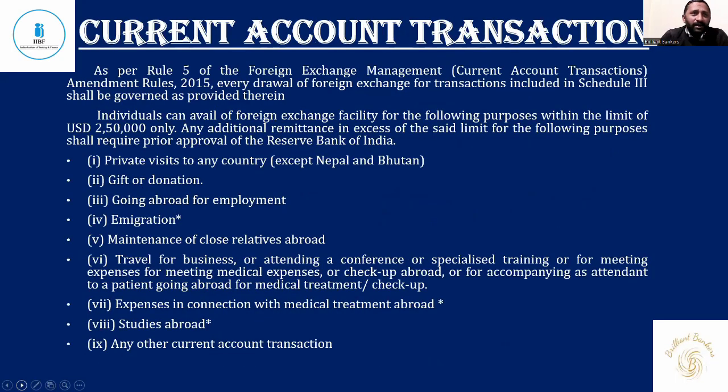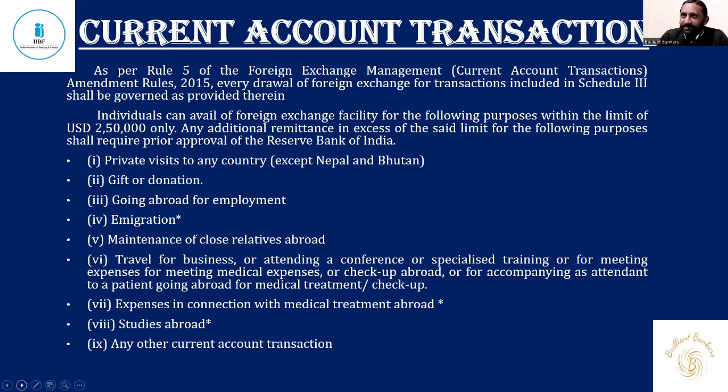Now coming to current account transactions, which I had briefly started off. As per Rule 5 of the Foreign Exchange Management Act, there was a small amendment in current account transaction rules in 2015. Every drawal of foreign exchange for transactions included in Schedule 3 shall be governed as provided therein. Again, the same limit of 250,000 has been mentioned here.